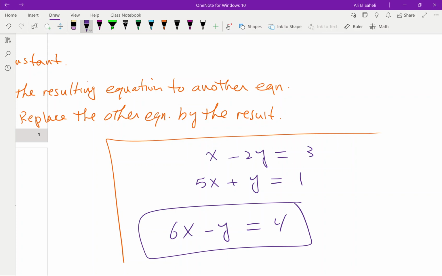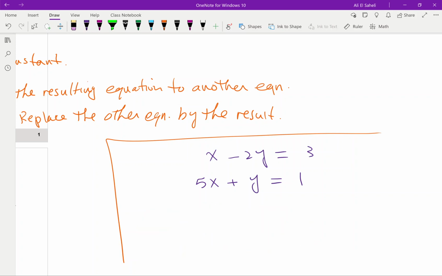Now, before adding the two equations, let's say you multiply the first equation by minus 5. Exactly why minus 5? Because minus 5 is the opposite of 5, so when I add, the x variable disappears.